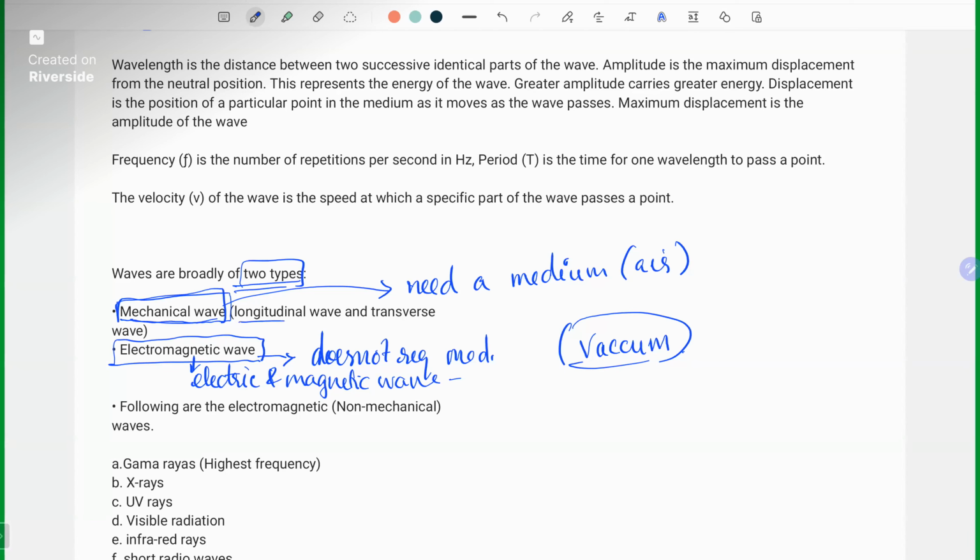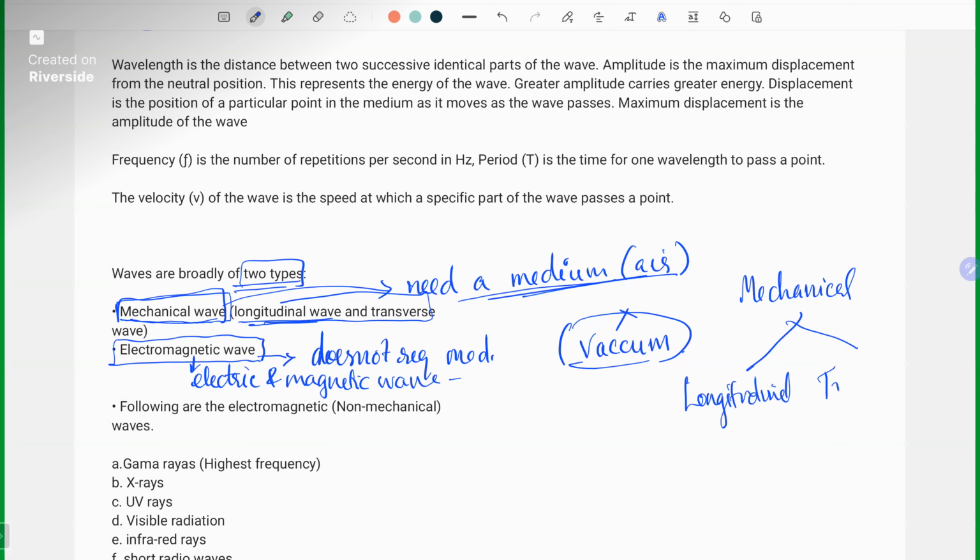So a mechanical wave is a wave which travels with a medium and not in vacuum, and it has two types. Mechanical wave is of two types. One is longitudinal, another one is transverse.